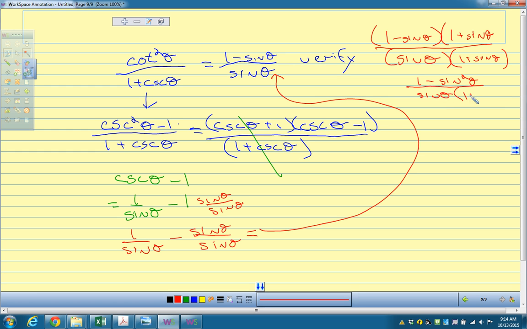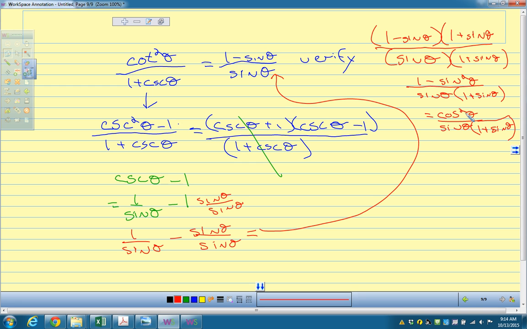Sine of theta times 1 plus sine of theta. And then what's the top equal to up here? Cosine squared theta over sine of theta times 1 plus sine of theta. And I'm trying to get to here. Oh look, I'm almost there, right?